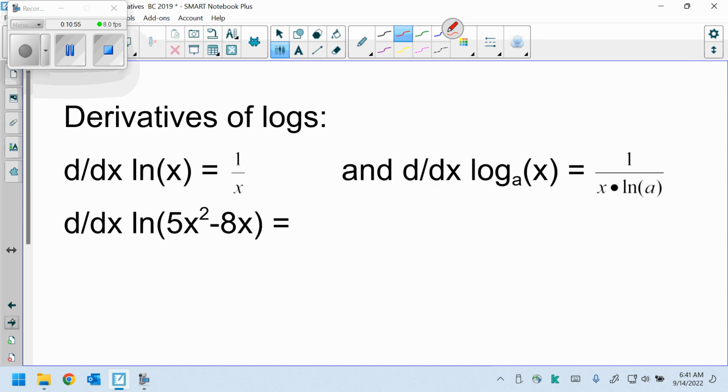All right, let's get into these derivatives. The derivative of the natural log of x is 1 over x.